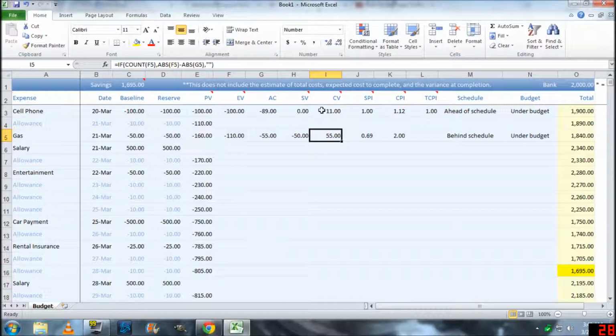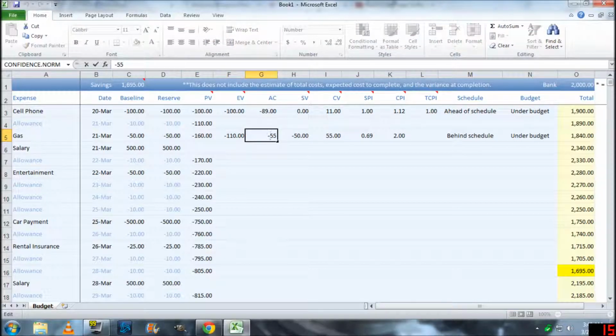Now, for the cost variance, that will be the variance of the actual cost. The formula here is you subtract the actual cost from the earned value. If that is positive, then the cost variance is good. Okay, this is wrong.